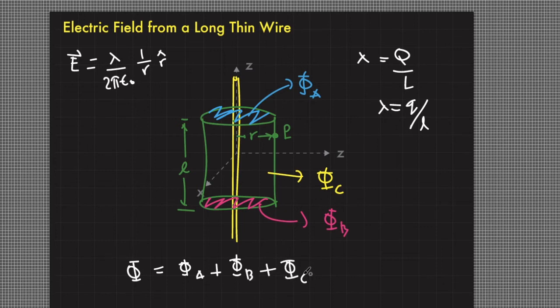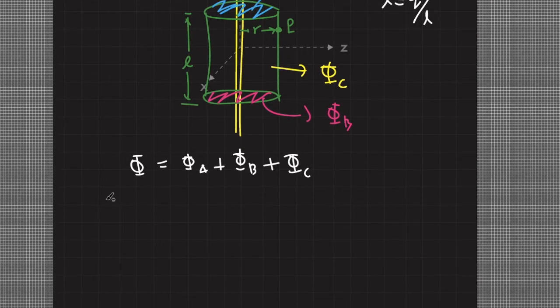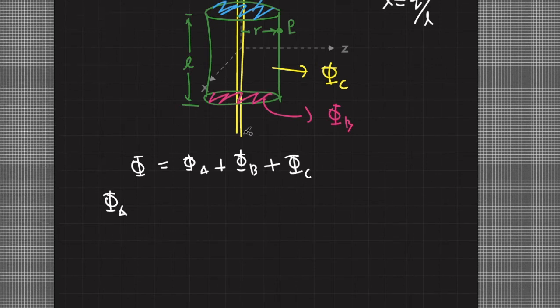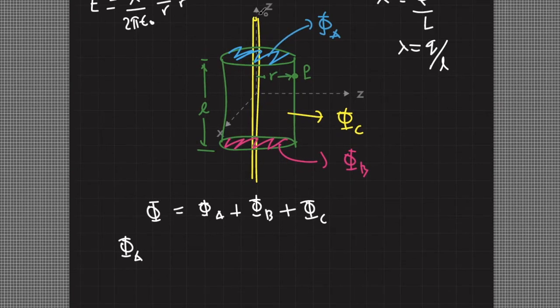Now for phi sub A, if we assume that this is a very long wire that extends from positive Z to negative Z, then the electric field lines coming from this wire are radially outward. Therefore, the dot product on this area A is equal to EA cosine theta, where theta is the angle between the normal vector of area A and the electric field line.